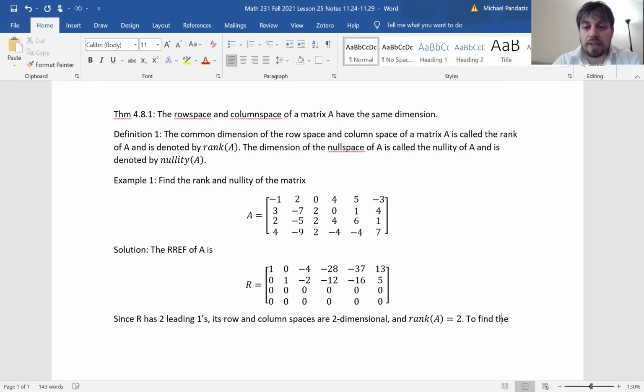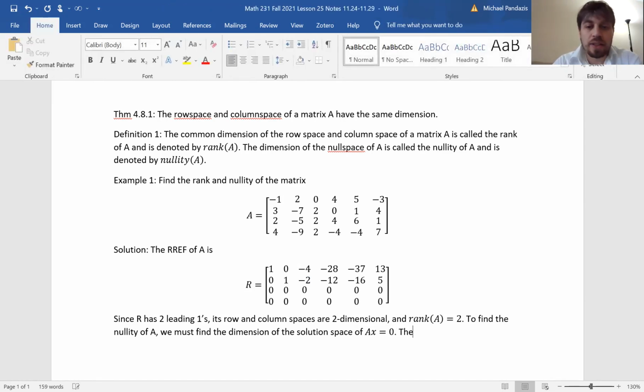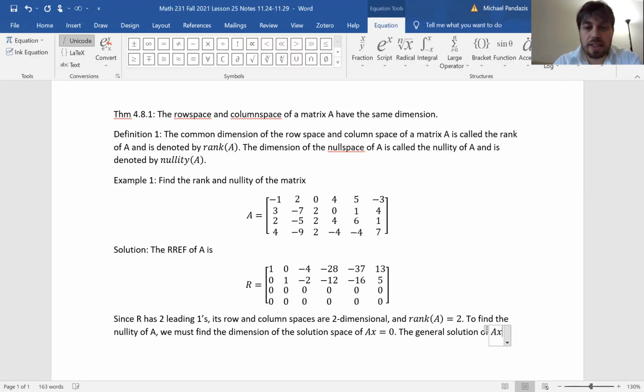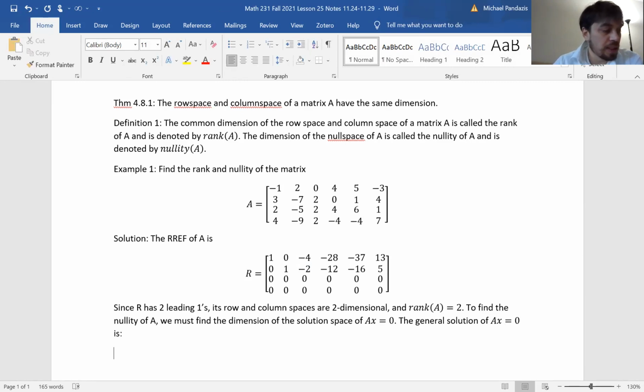To find the nullity of A, we must find the dimension of the solution space of AX equals 0. So the general solution of AX equals 0 is the following.